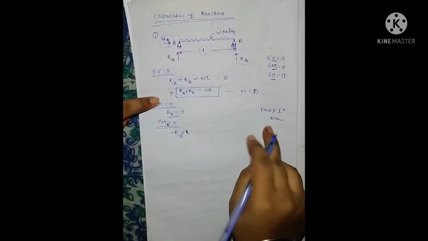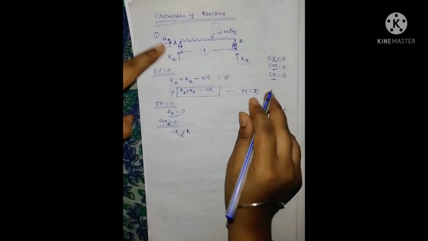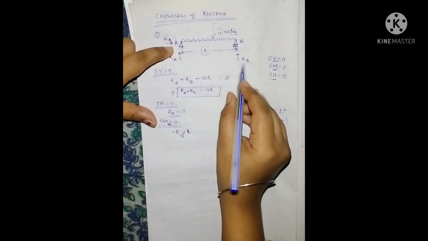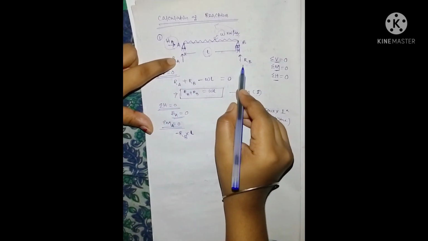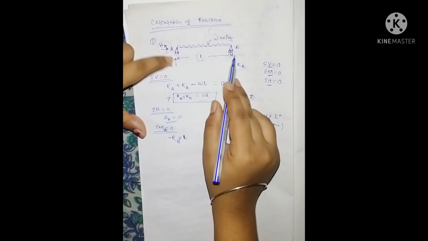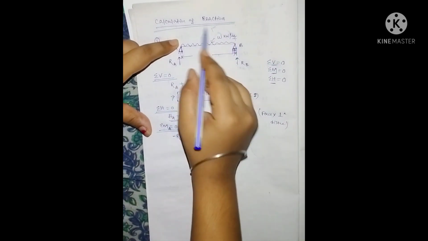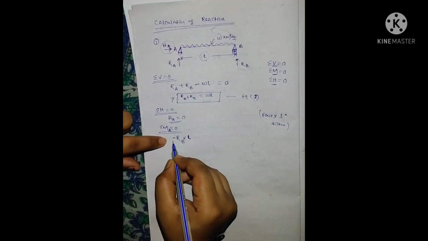Moment is force into perpendicular distance from the support. So here moment of RB equal to RB into L, and this moves in anti-clockwise direction, so it is negative.